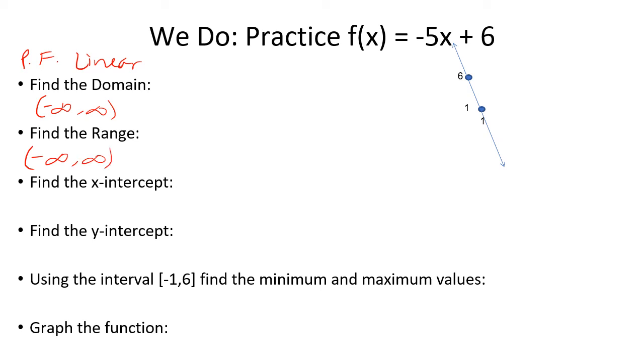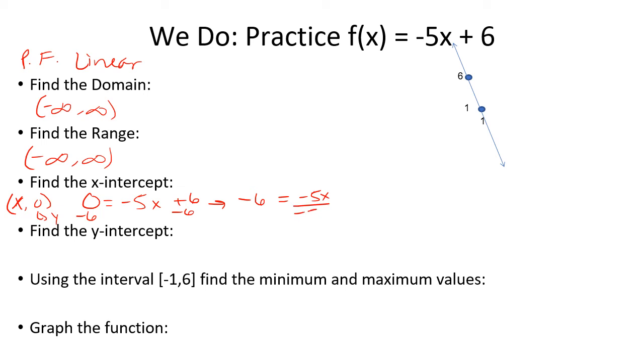To find the x-intercept of any graph, you're asking yourself for (x, 0). So you know that y is going to equal 0. So we have 0 equals negative 5x plus 6. I'm going to subtract 6. And that's going to lead me to negative 6 equals negative 5x.